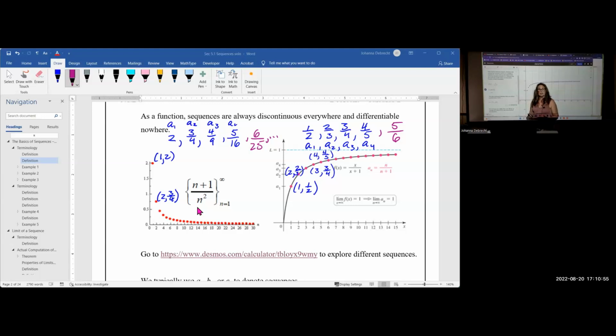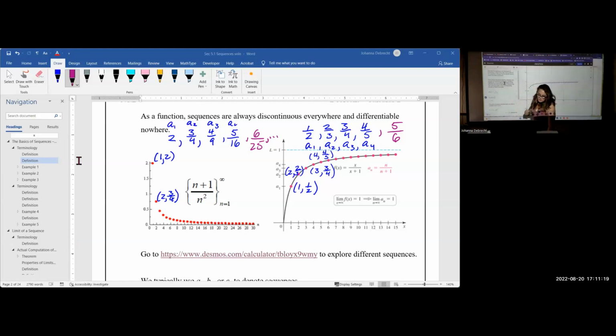Now we could start it at a different value, 5 to infinity or 0 to infinity, as long as the sequence is defined for those values. Now we have the slider bar down below, which sets the number of dots that you see there. And that's basically what you have in this particular graph.